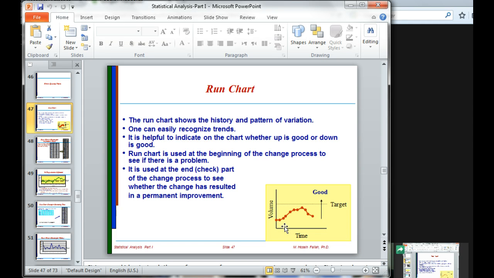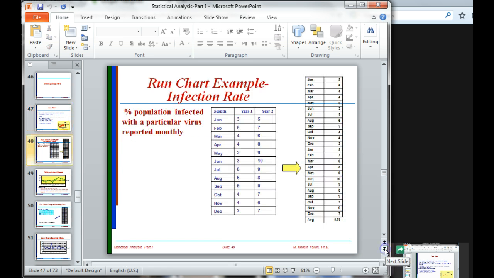Oftentimes, a run chart is used to identify problems when it shows things going in the wrong direction. And at the end of quality improvement activities, a run chart can also show you whether or not things have actually improved. So it's very simple to do, and I believe everybody should use a run chart on their important measures on an ongoing basis.